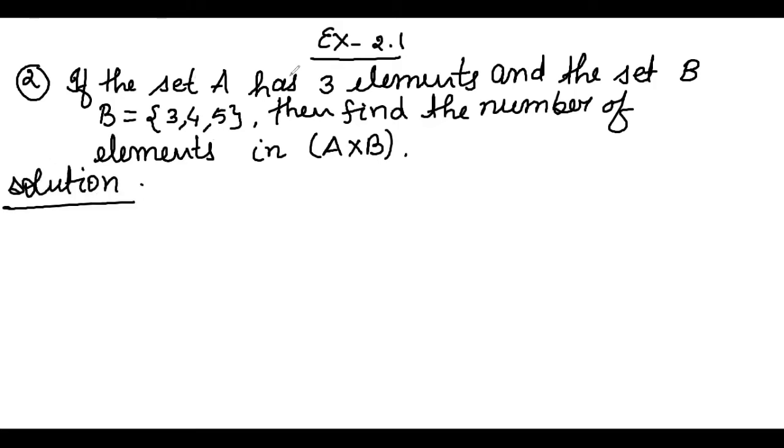So the set A has 3 elements, and the set B again has 3 elements, then find the number of elements in A cross B.